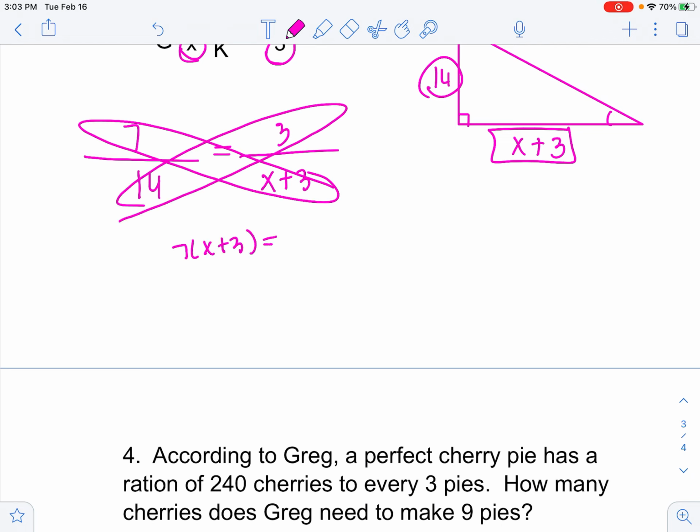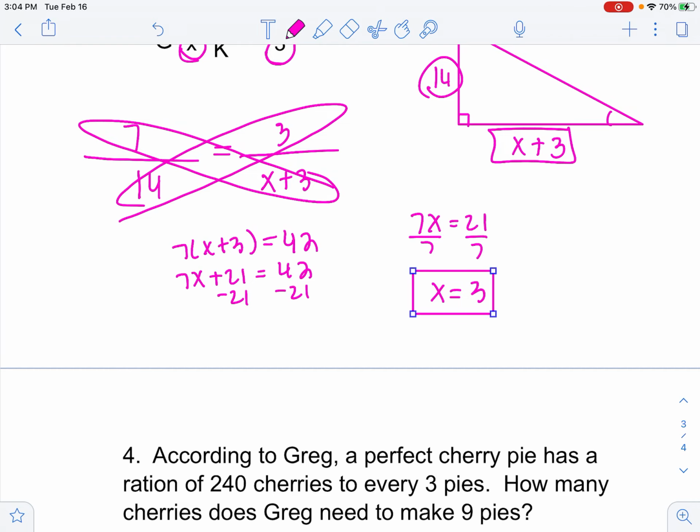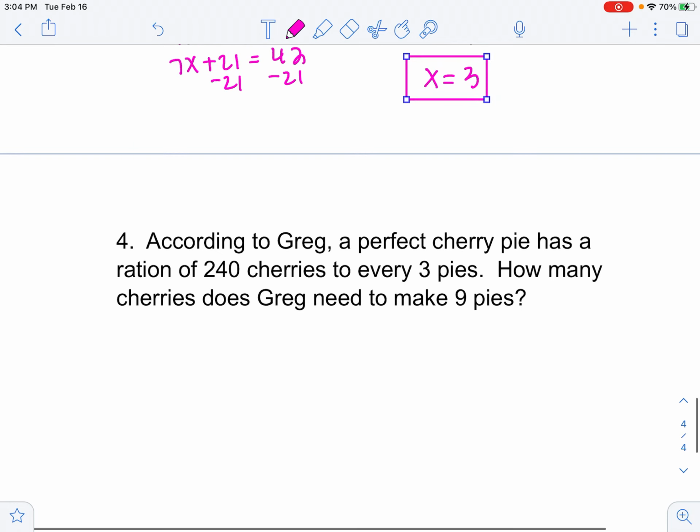All right, cross multiply. 7 times x plus 3 is equal to 14 times 3, which is 42. Distribute your 7. Subtract 21. Divide by 7. And that's it. X equals 3.